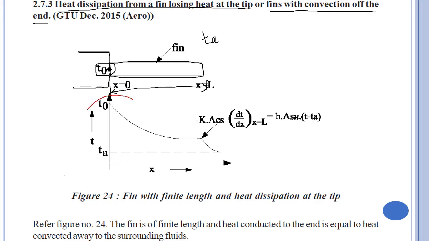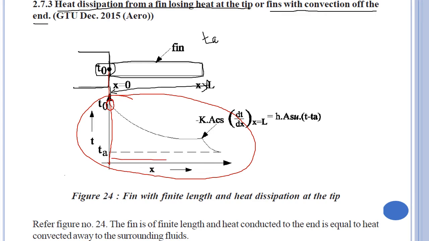The graph which you can see at present is the temperature variation along the length of the fin. When x equals to 0, the temperature is equal to the base temperature. When we move in the positive x direction, the temperature is dropping continuously, and when x equals to L, all the heat starts to dissipate to the surrounding.